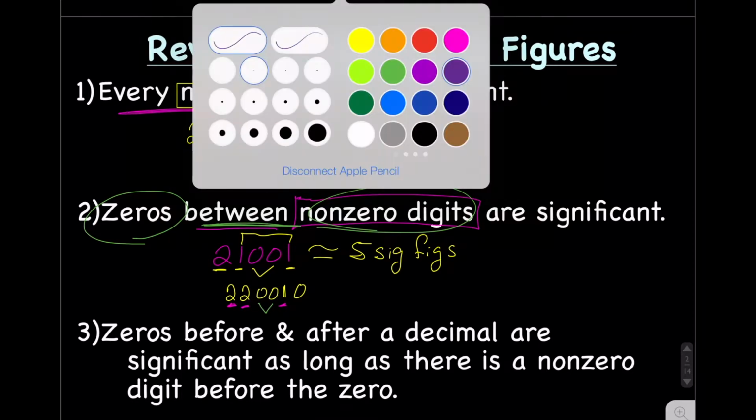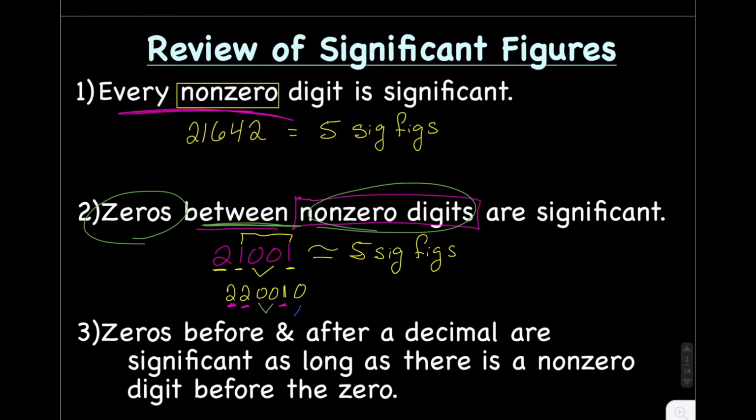This 0 at the end is not significant because it is not non-zero and it is not between non-zero digits, which means only those 5 digits there are significant. So again, we have 5 sig figs.